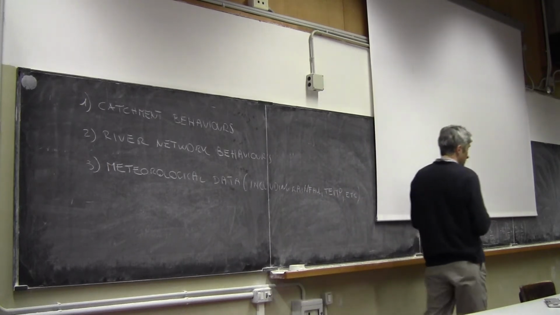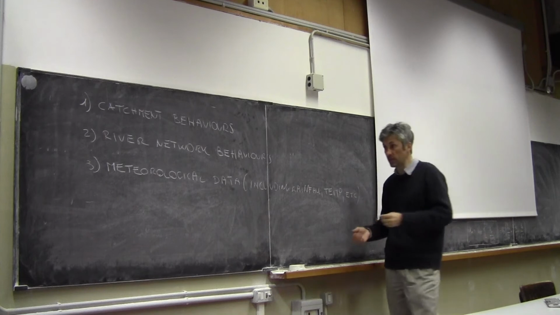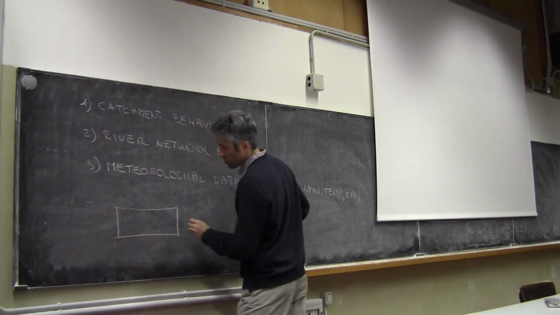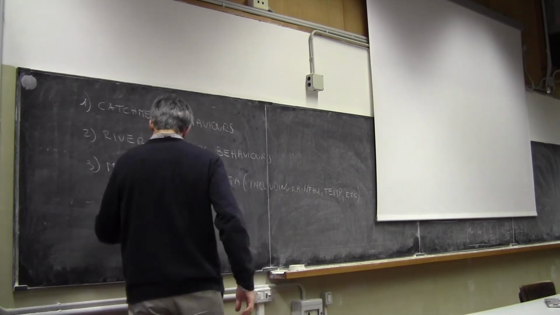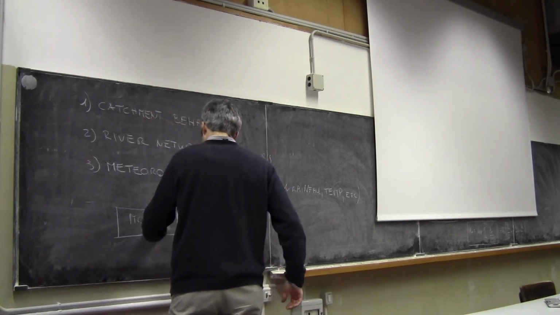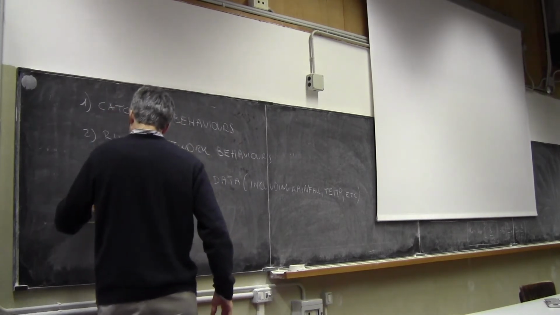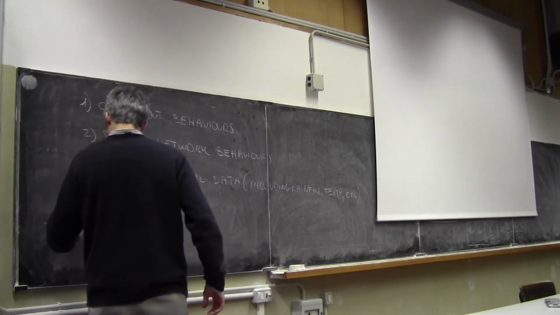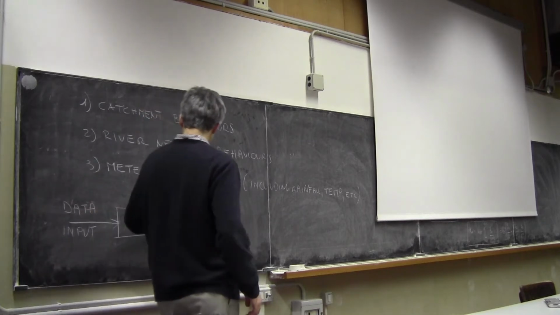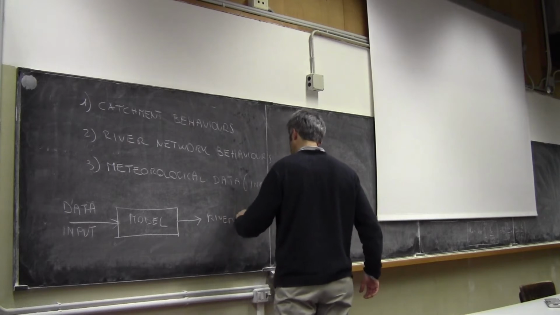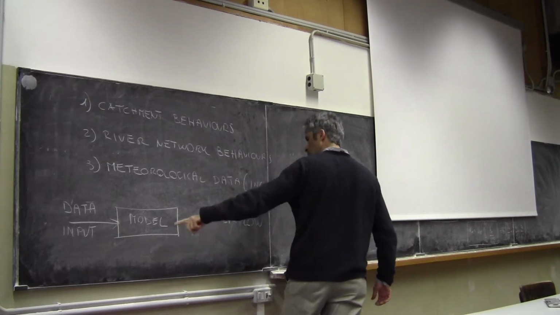Now, what is our target? Our target is to set up a mathematical relationship, which is the model, such that you give data to the model and you get river flow. This is what we need.